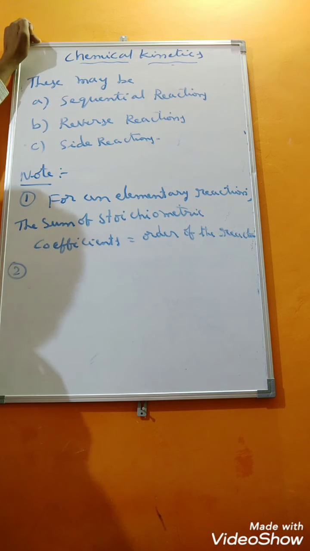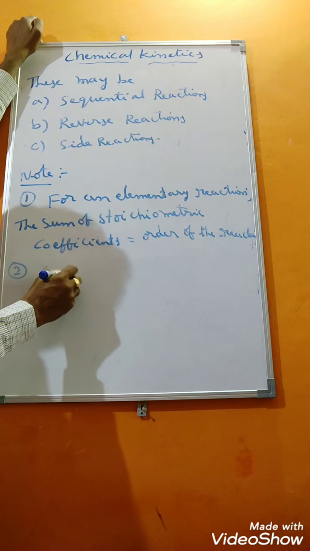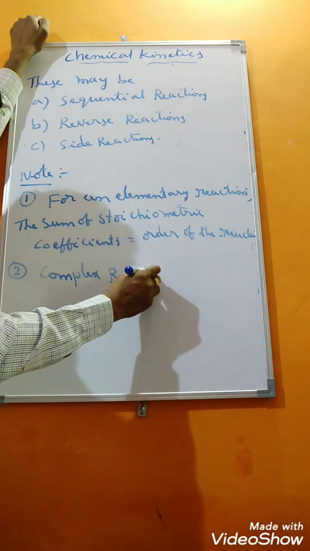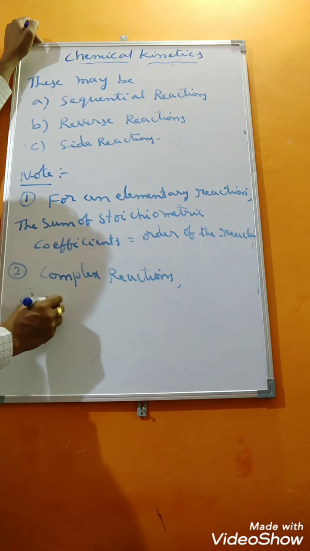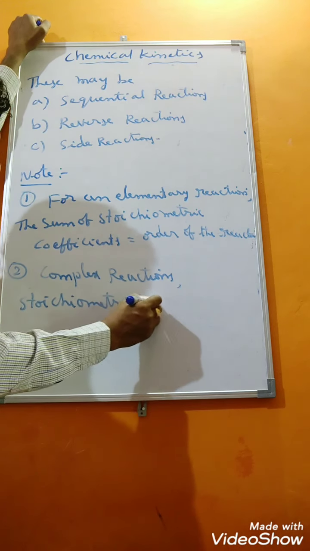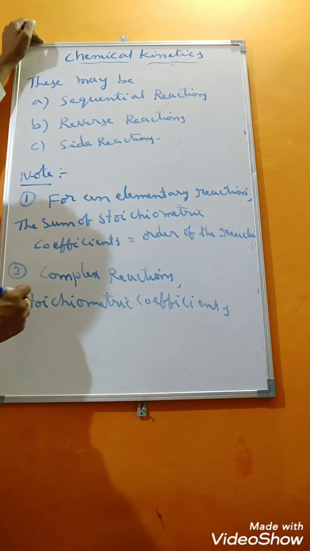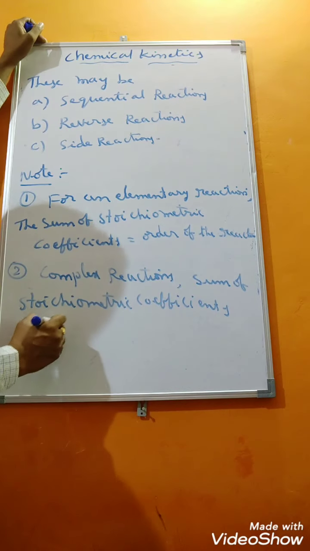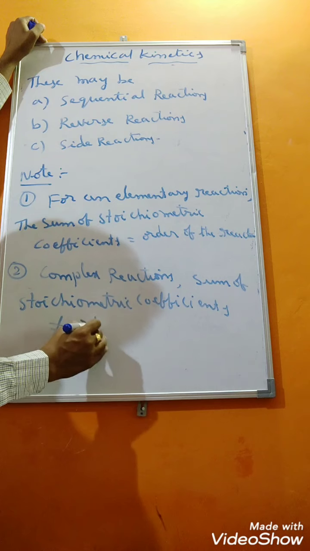Then in case of complex reactions, the sum of stoichiometric coefficients is never equal to the order of the reaction, students.